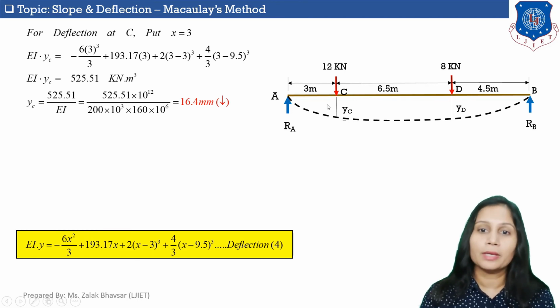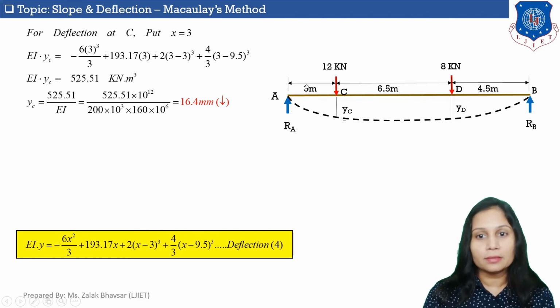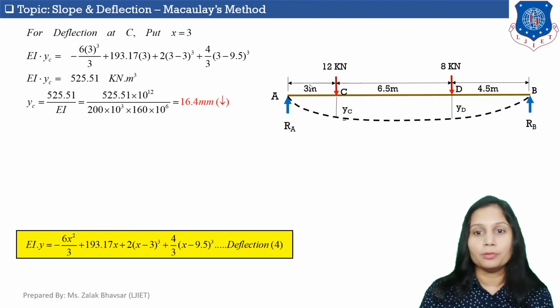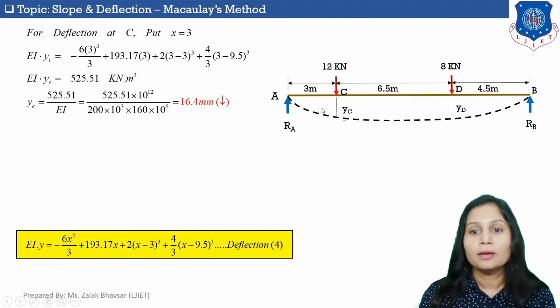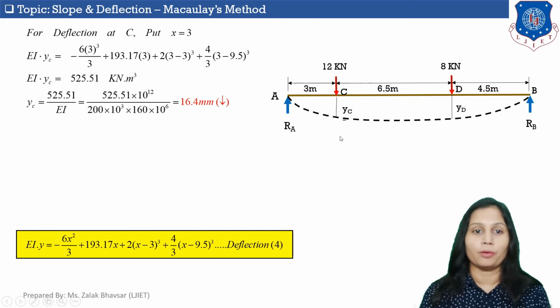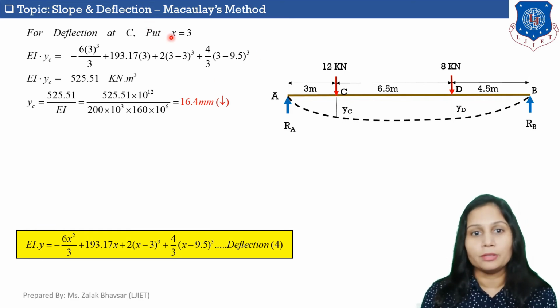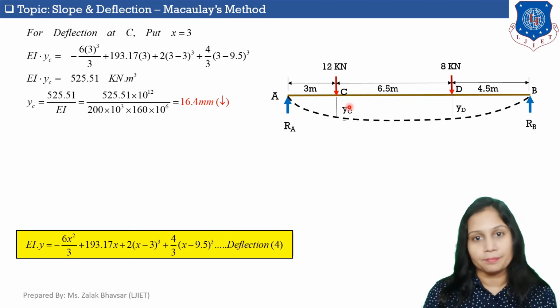Now you can see that point C is at a distance 3 meter from point A. So if I put x is equal to 3 in this deflection equation, then I will get value of deflection at point C. So let's put x is equal to 3 in equation number 4 to get YC.